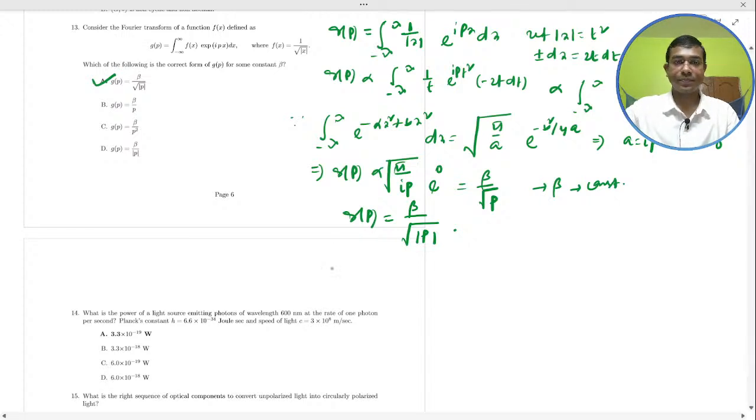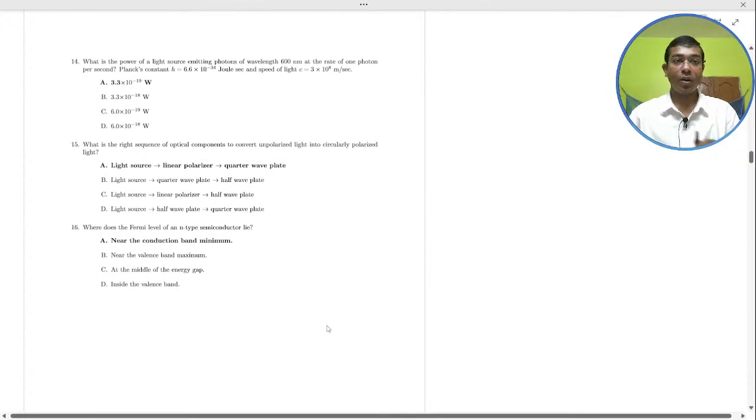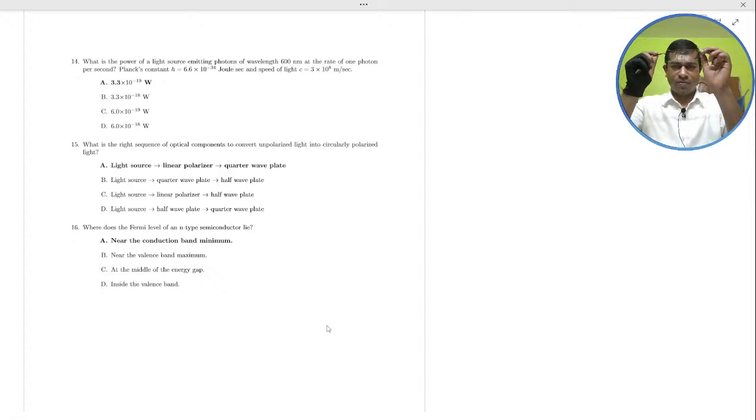Next question, question number 14. Which is the power of the light source emitting photon of wavelength 600 nanometer in the rate of 1 photon per second? Short question.